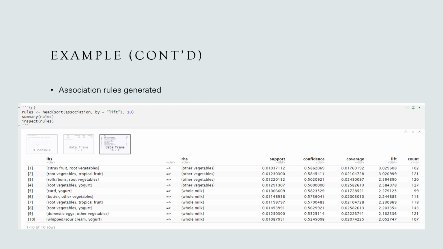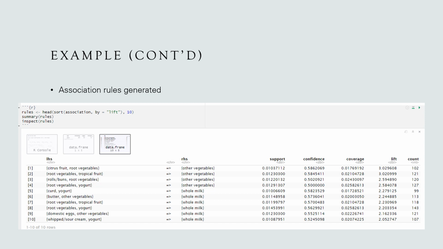Its support is that citrus fruit, root vegetables, and other vegetables show up together 1% of the time, and the confidence, the 58% here, is saying that other vegetables are 58% likely to be purchased when citrus fruit and root vegetables are purchased. So that's how you interpret it.